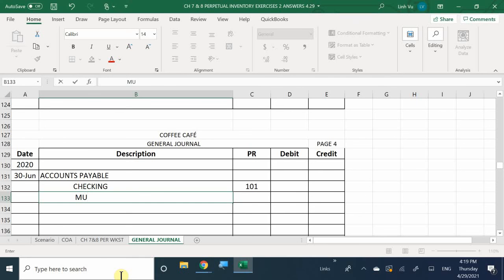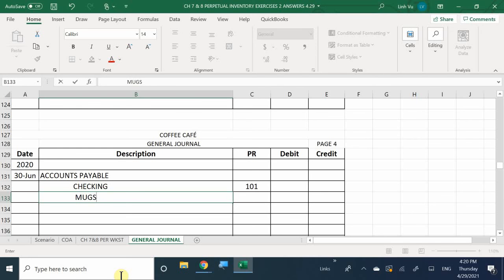All right. So if I should be receiving a discount, right? Where am I going to take the discount out from? Right? Everything that you put into inventory, you're going to take everything out from inventory. So in this case, my purchase discount, right?